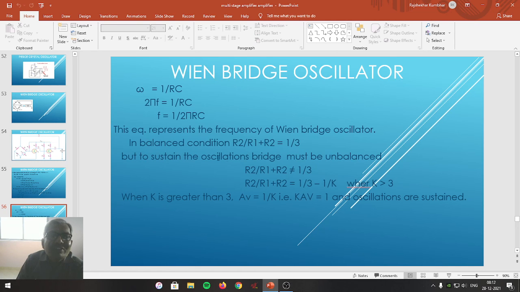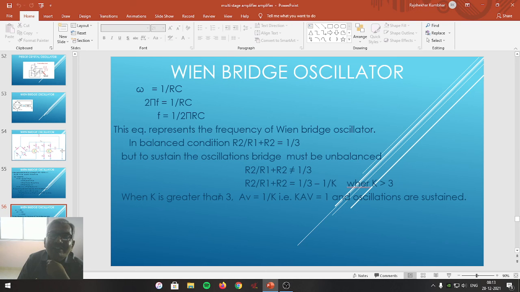Thus we can say, to sustain the oscillations the bridge must be unbalanced. And it is unbalanced provided R2 upon R1 plus R2 is not equal to 1 by 3. Not equal to 1 by 3 means that R2 upon R1 plus R2 is less than 1 by 3, by a value 1 upon 3 minus 1 upon k, where k should be greater than 3.